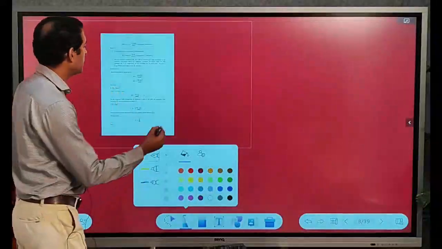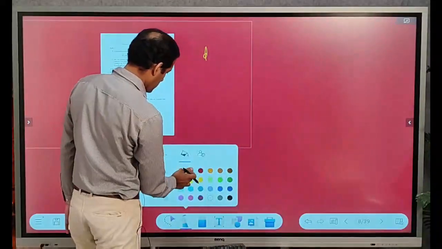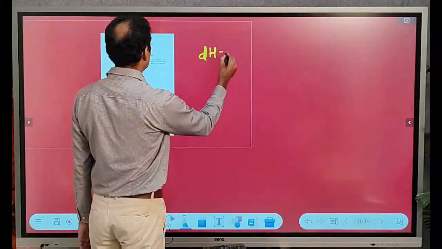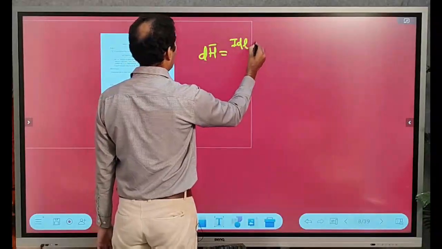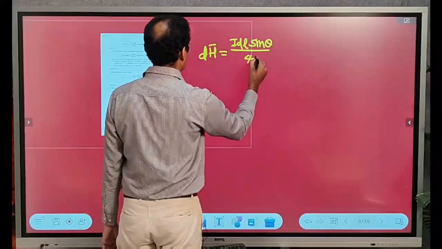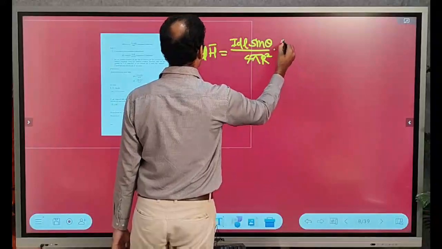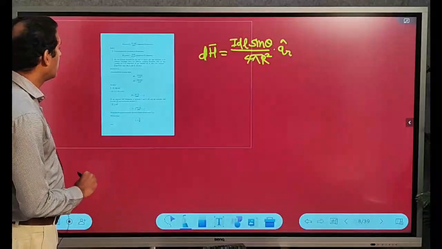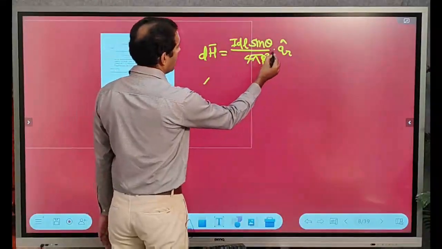Say we got one expression. What is our expression? dH bar. Now this is a vector: I dl sine theta by 4 pi r square into a_r cap. Now for simplification we will use one relation. That relation says that we have a cross product.